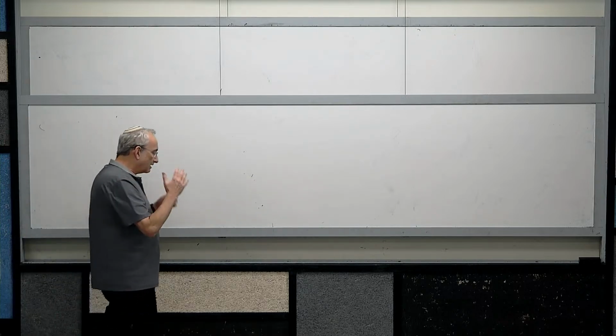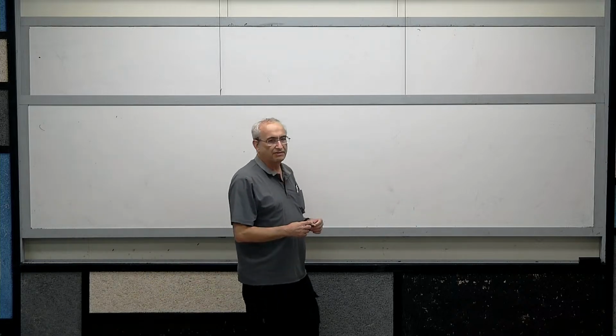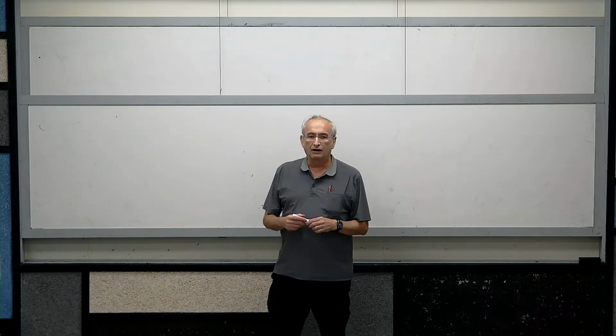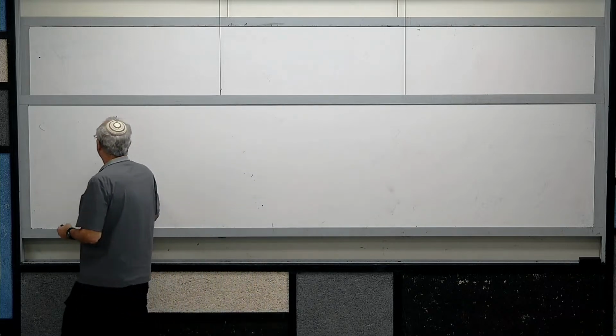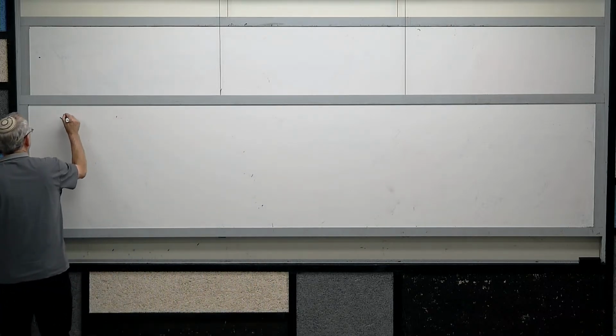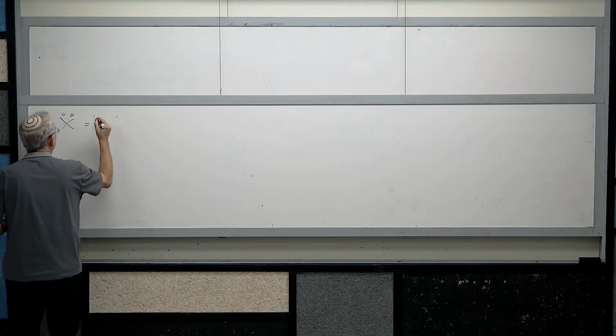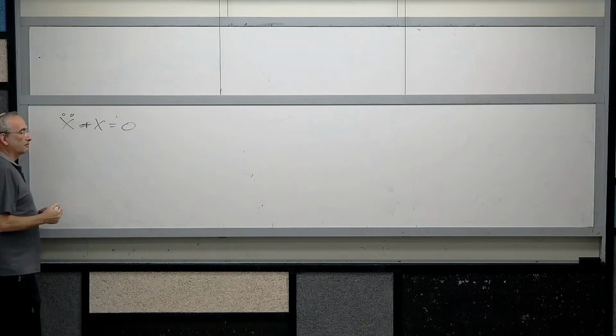Before starting, one would like to rethink the idea of what we call a solvable differential equation. Because if this is a differential equation, x double dot plus x equals 0, can you tell me what are the solutions?